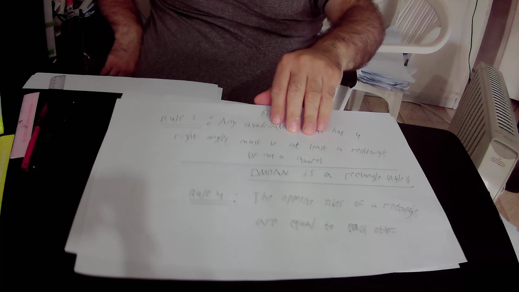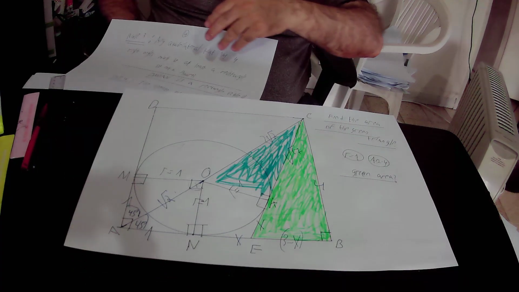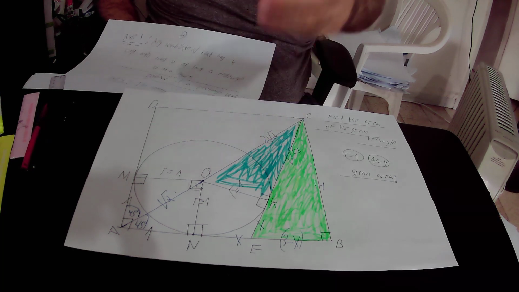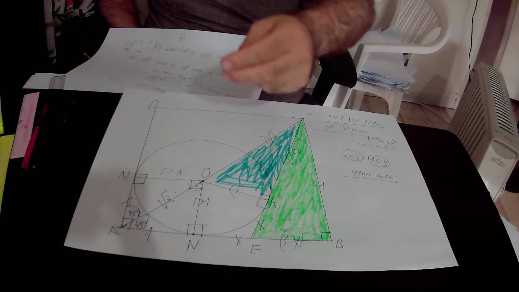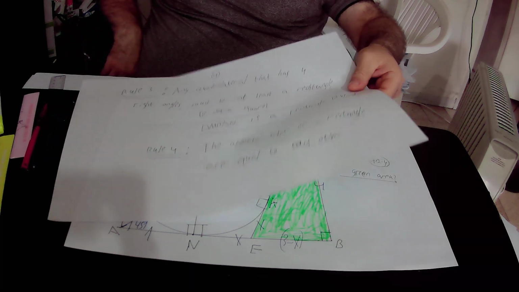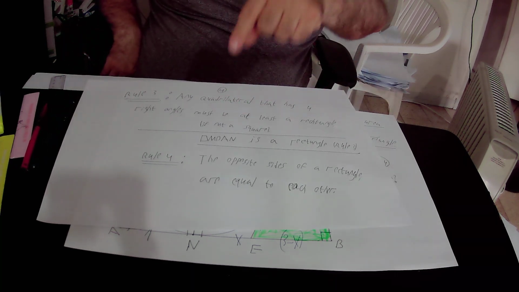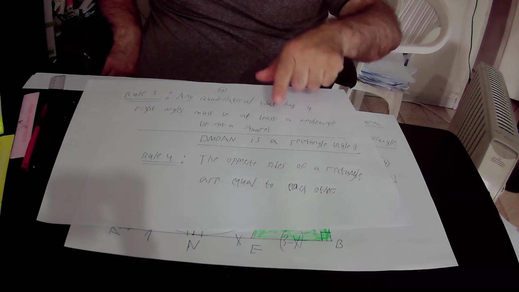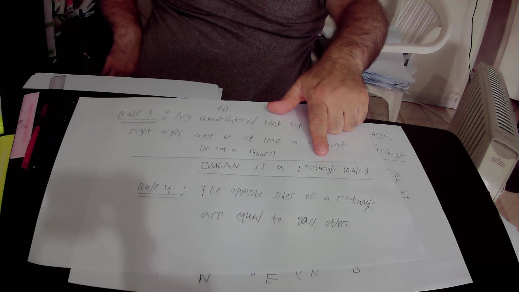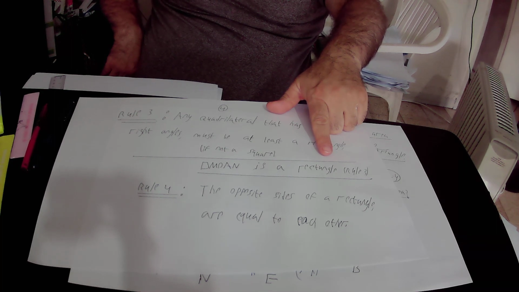Because this quadrilateral MOAN has 4 right angles, according to rule number 3, it must be a rectangle, or at least a rectangle. So we will relate to quadrilateral MOAN as a rectangle.